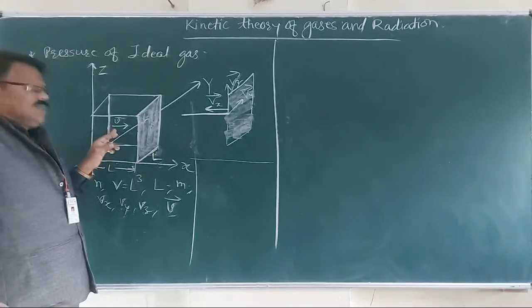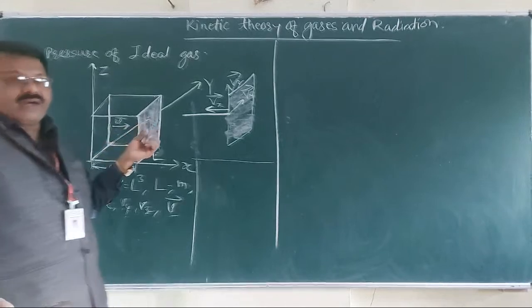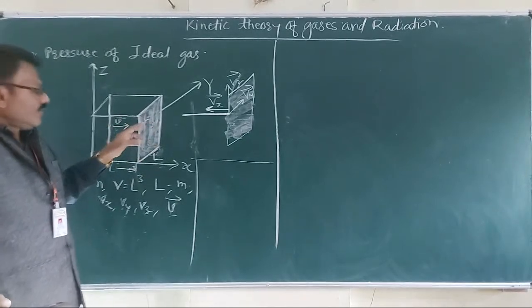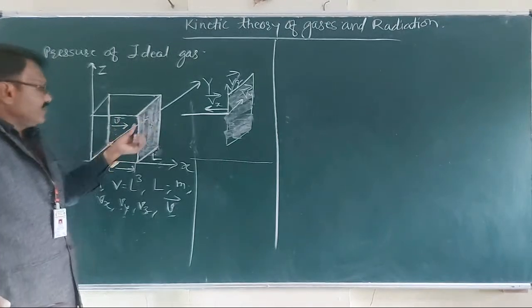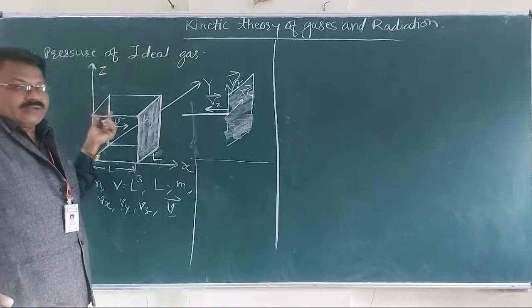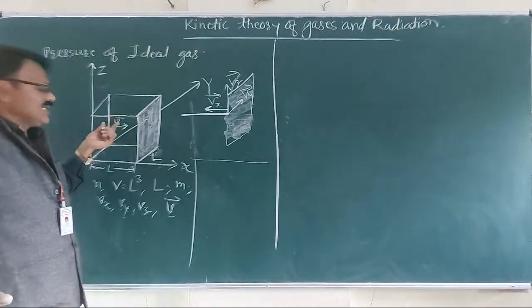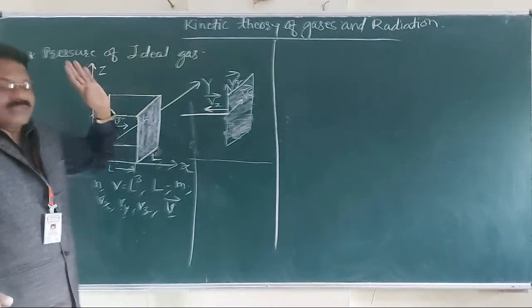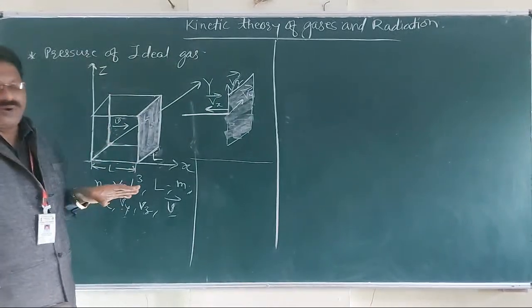Now this typical molecule is moving with velocity v bar. When it is incident on the shaded face, only the x component of velocity is reversed. The y component and z component of velocity are not reversed.